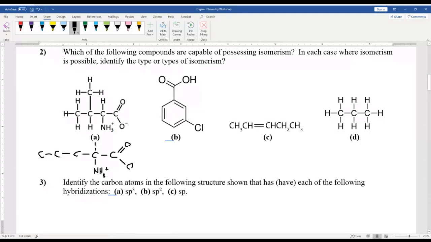I could still have the hydrogen here. And instead of having the 3 other carbons split like that, I could have them all in a chain, couldn't I? Yes. So is this capable of structural isomerism? It appears so, yes. So A could have structural isomers.